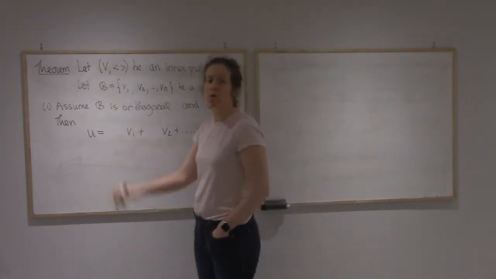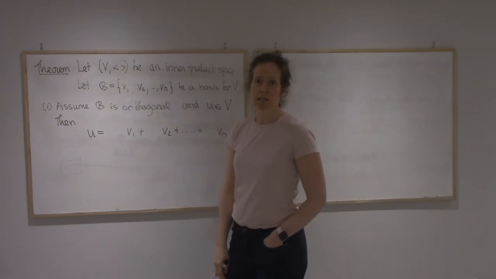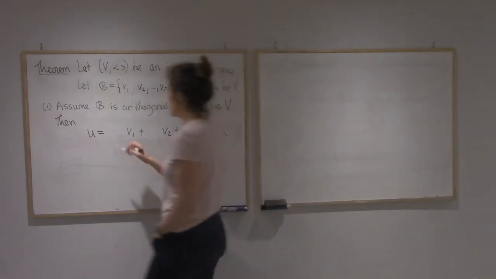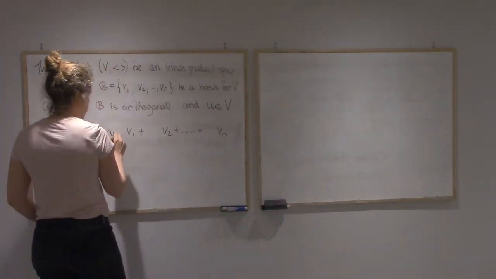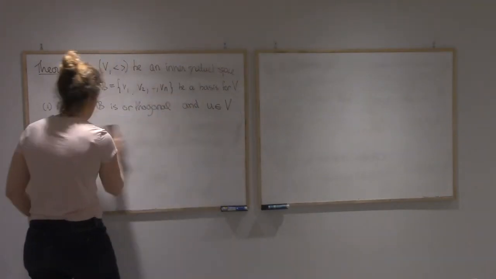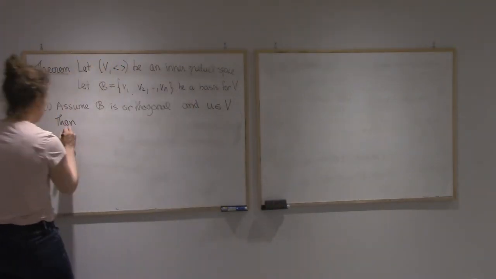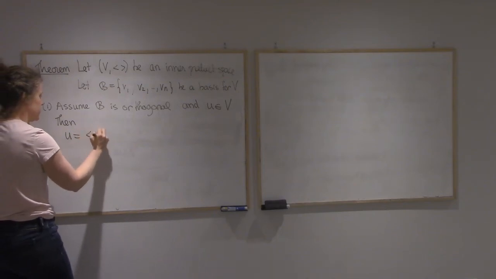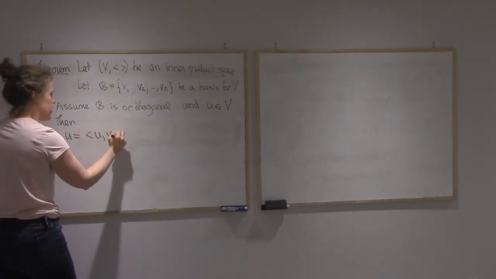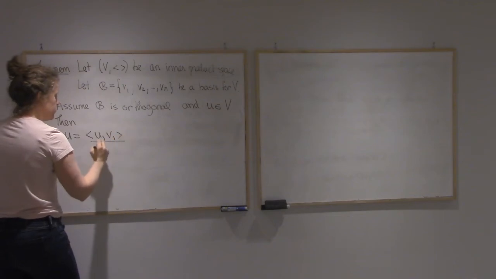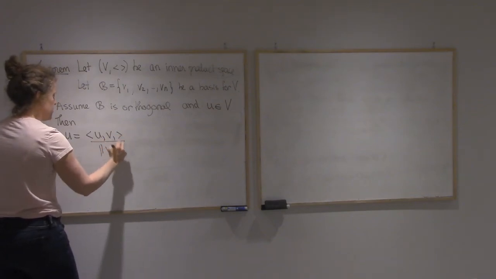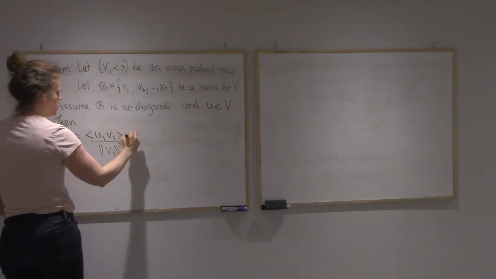Well, the coefficients you could get pretty easily from using the inner product. So the first one will be U inner product V1 divided by the length of V1 squared.